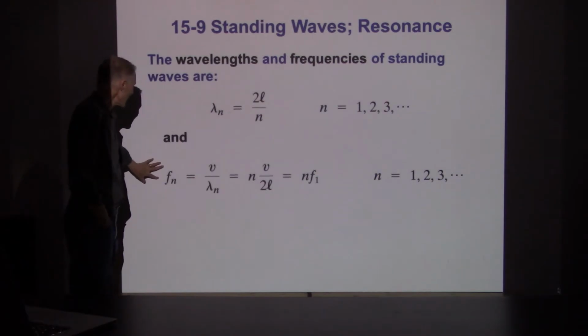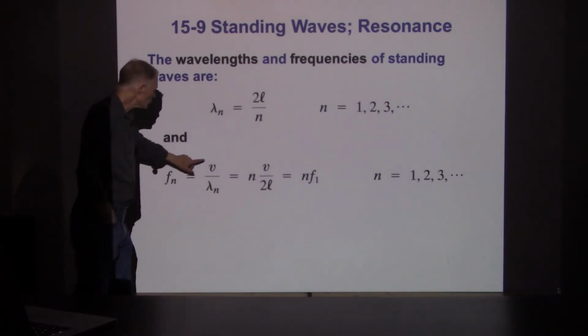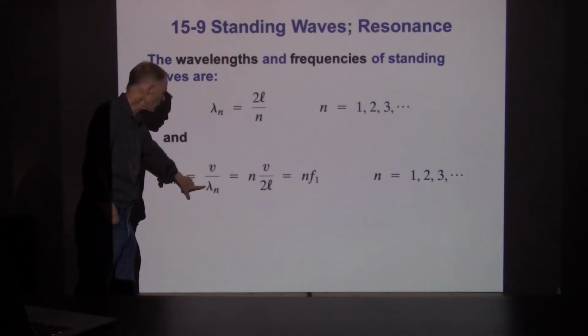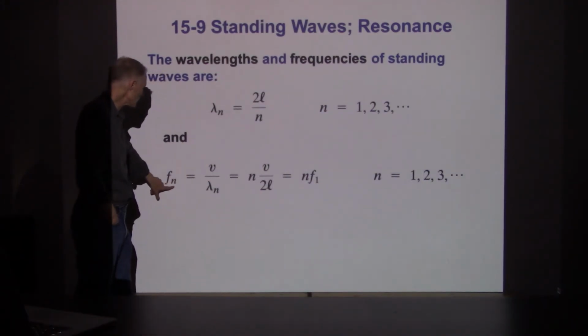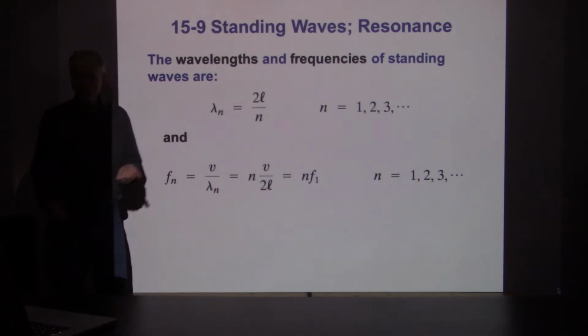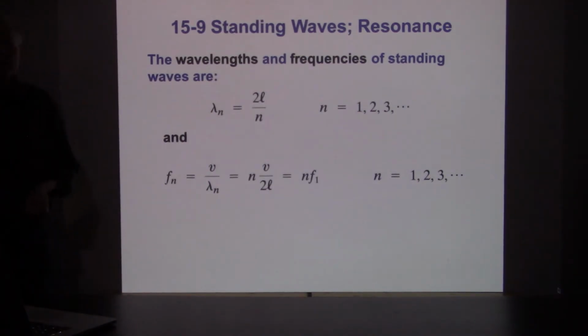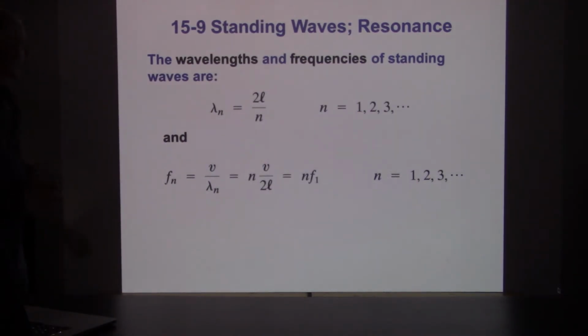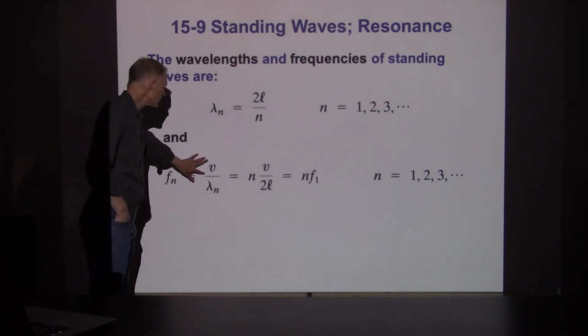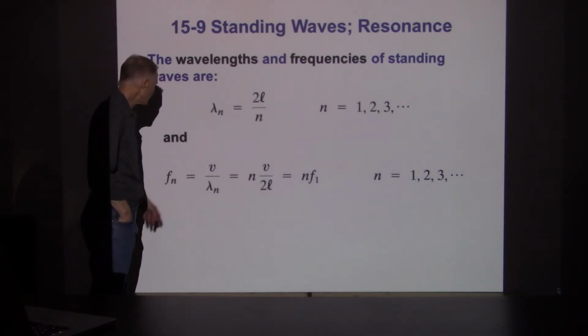Now what does that say about frequencies? Well, that says the frequencies should be given by v over lambda n. So there's going to be a different frequency for each one of the wavelengths. Depending on what the wave speed is, we can determine what that frequency is.